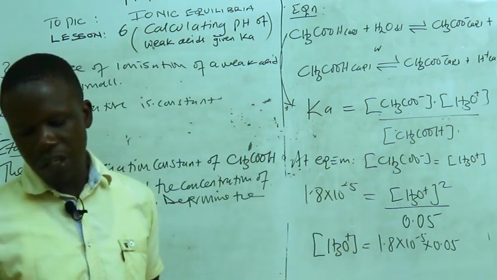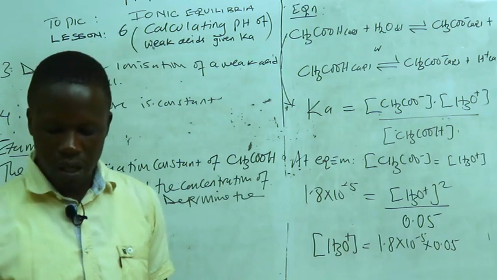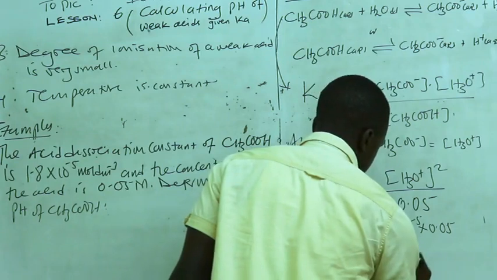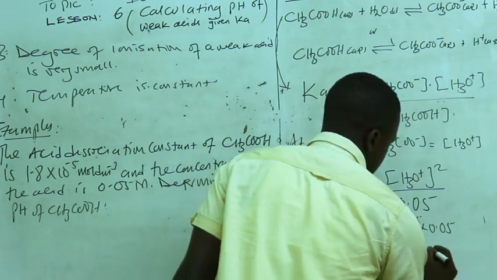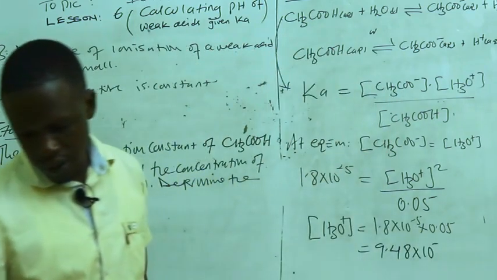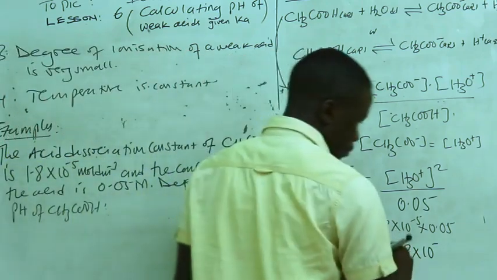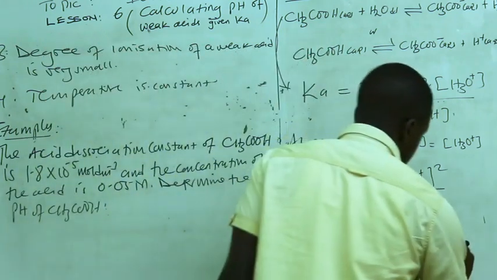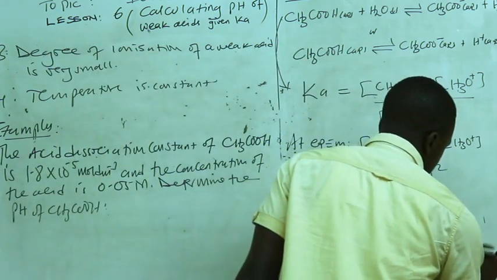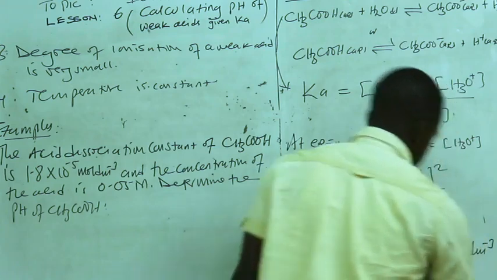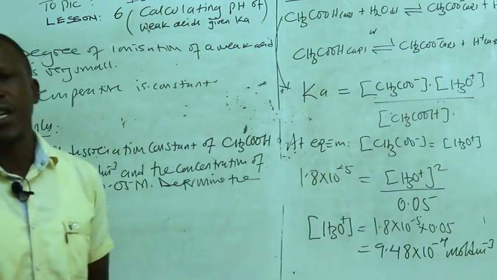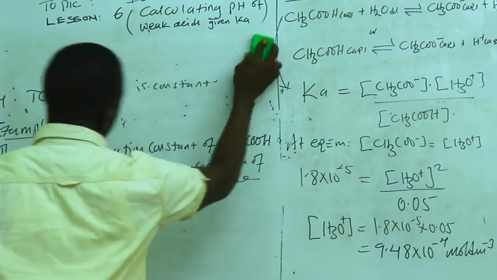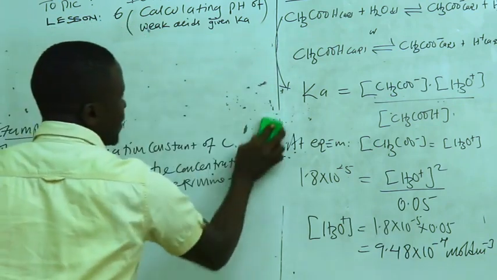That should give us a concentration of around 9.48 times 10 power negative 4 moles per decimeter cubed.